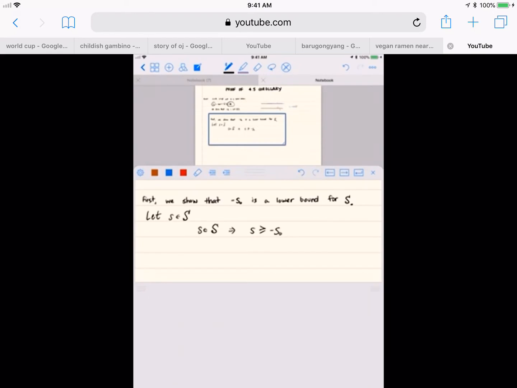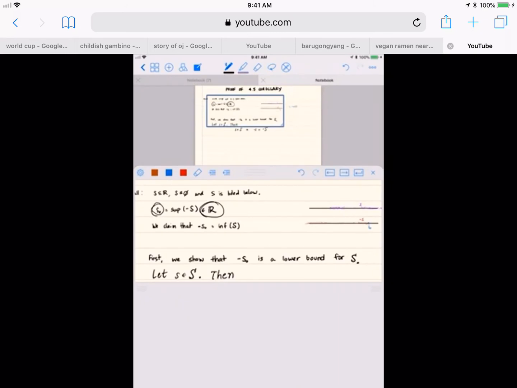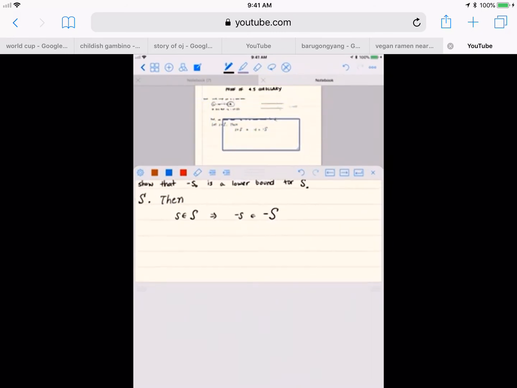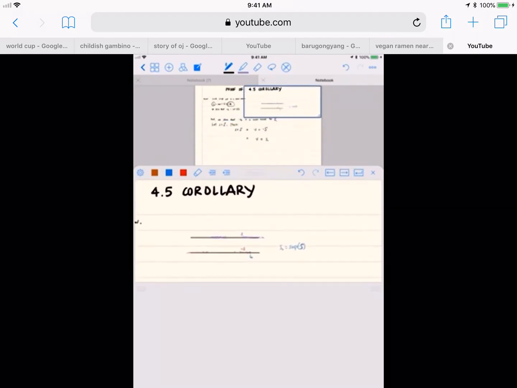So we'll say let s belong to the set S. We want to show that s is bigger than or equal to negative S naught. But now if s is in S, then negative s is in the set negative S. And remember, S naught is the supremum of negative S. So that means S naught is an upper bound for the set negative S, which means that the element negative s has to be less than or equal to S naught.